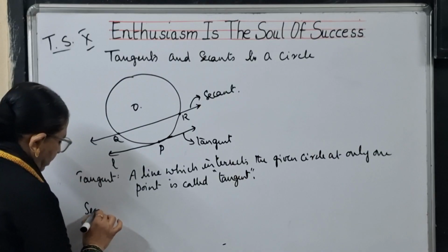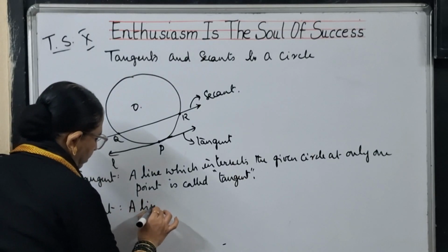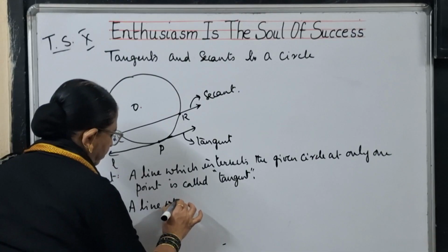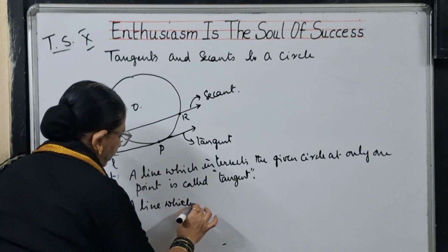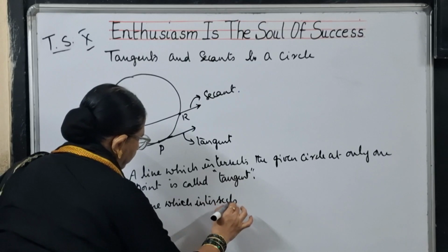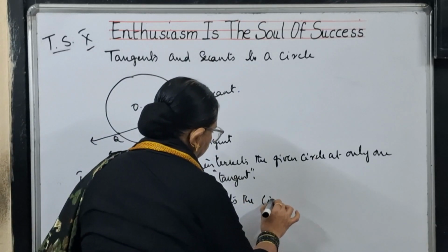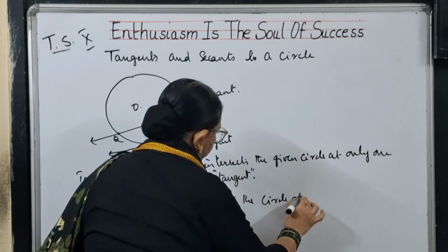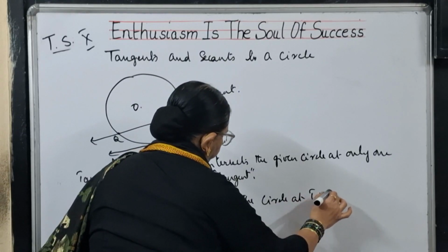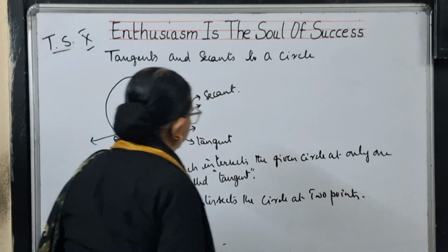And what is a secant? A line which intersects the circle at 2 points. It intersects the circle at 2 points.